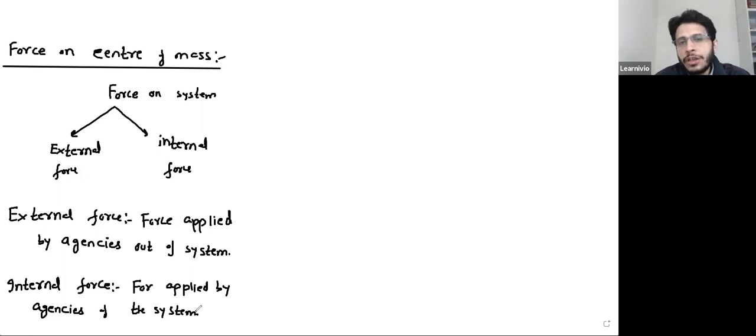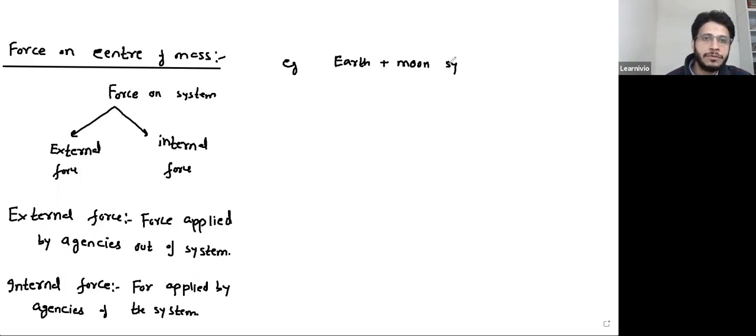So to decide whether your force is internal or external, you first have to define your system. What is your system? What are the constituents of your system? I'm taking an example of Earth plus Moon system. Now we have to decide which forces we can consider as external and which forces are internal.